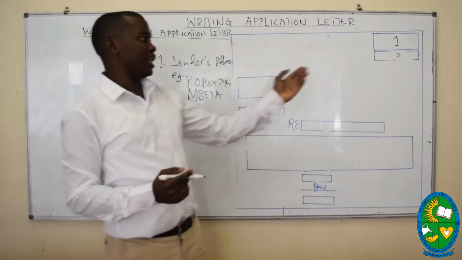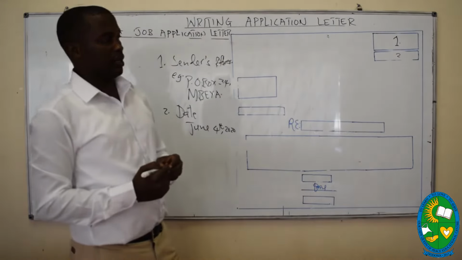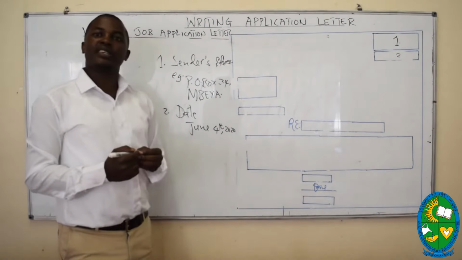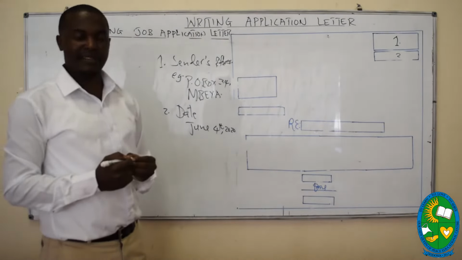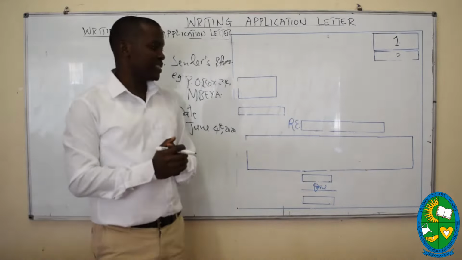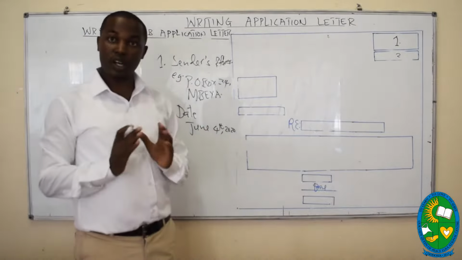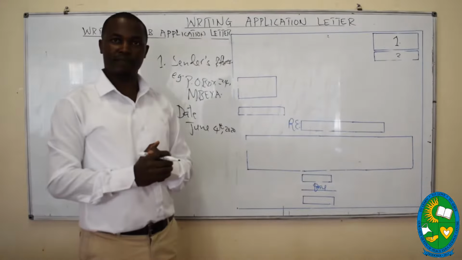Then after, leave one space or two spaces and then write the receiver's address. The receiver's address is always located at the left hand side, as close as possible to the margin line.